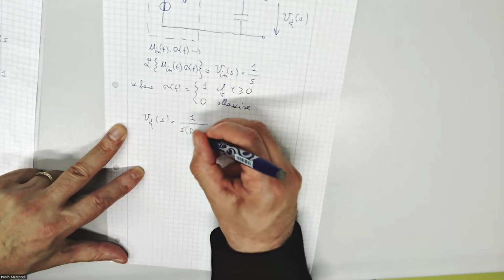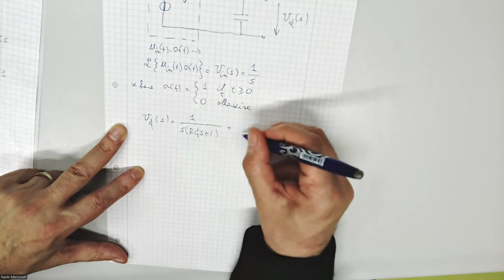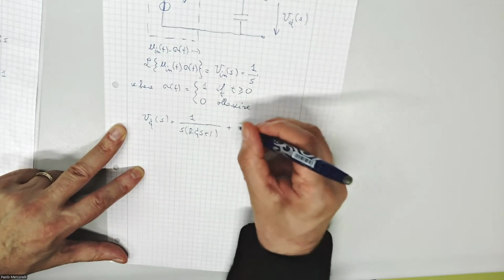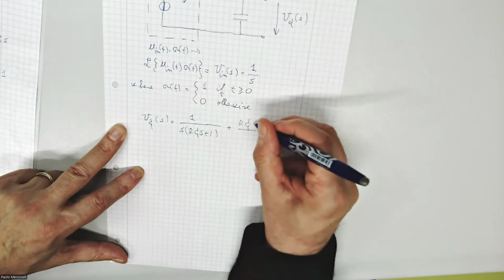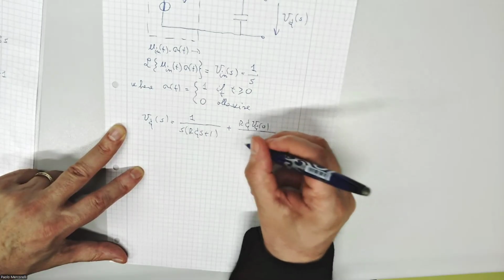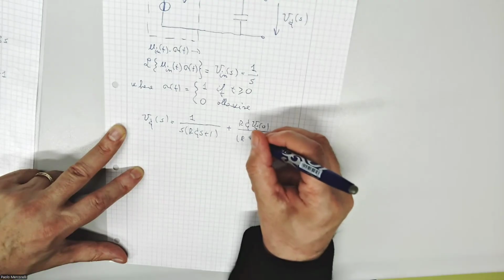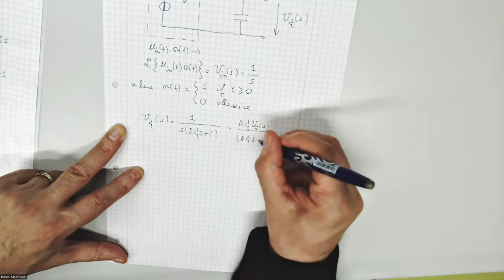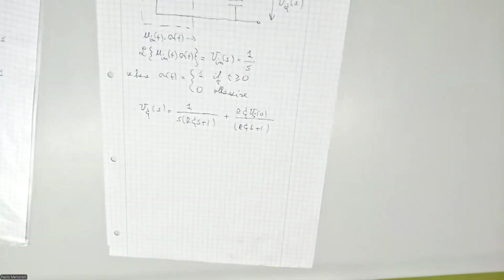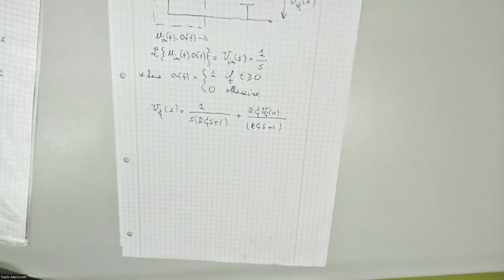I don't redo the calculation. This was the output. I can copy it because I don't have time to repeat everything. What I want to introduce today is this concept here.